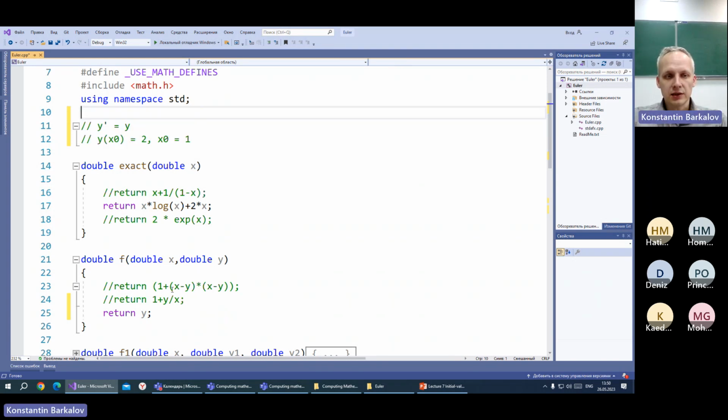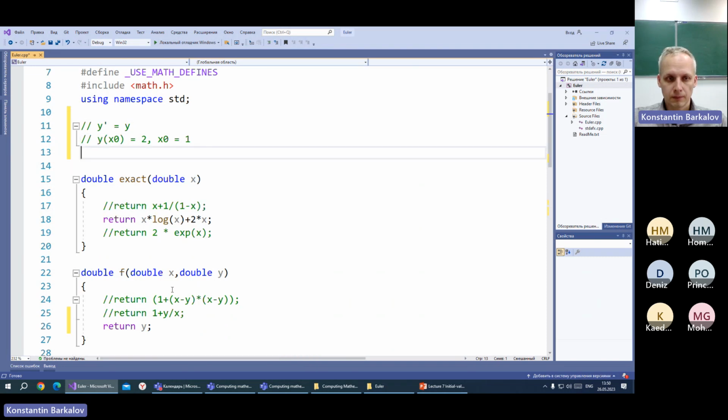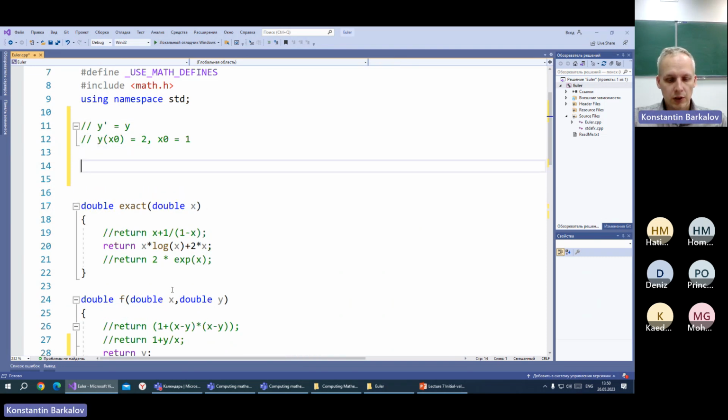What is the exact solution to this problem? It's very simple to find the exact solution. Since we know that y prime equals y, in this case the general solution will be some constant c times e power x.